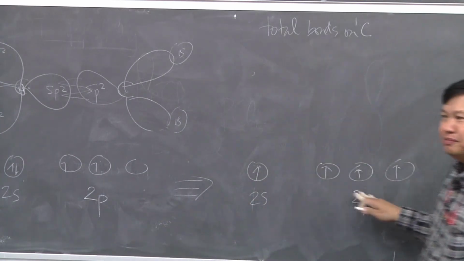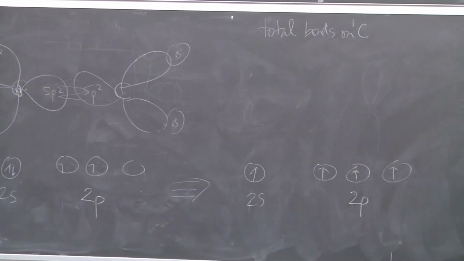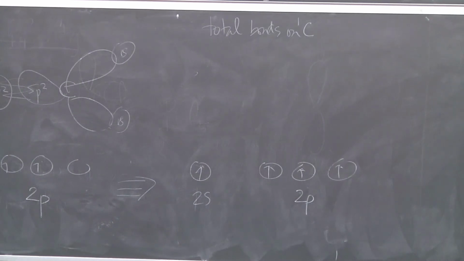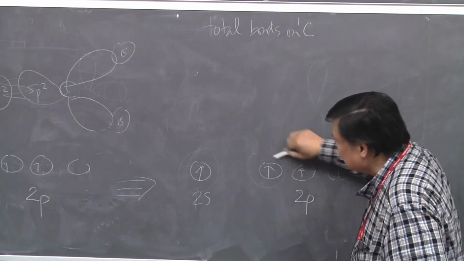So how many bonds can this make now? 1, 2, 3, 4. How many do I need for the hybrid? How many should I include in the hybrid? You know it. It says sp2, right? So it says S and then the 2 p's.